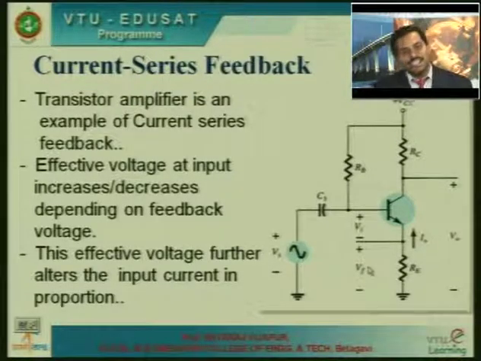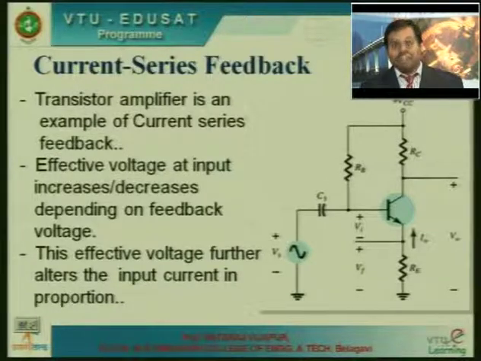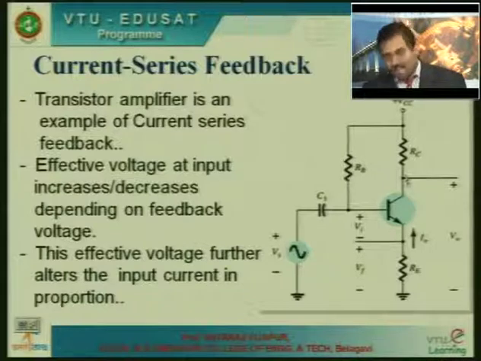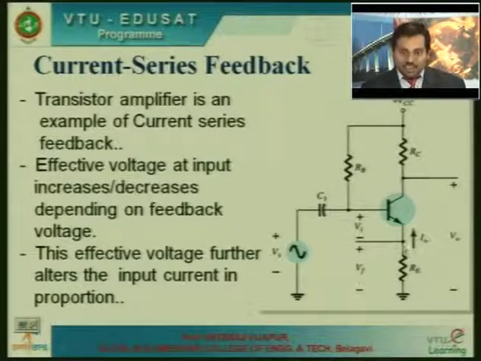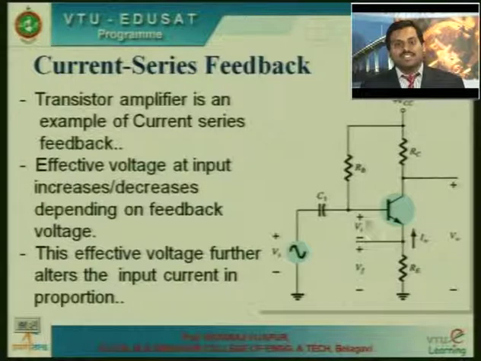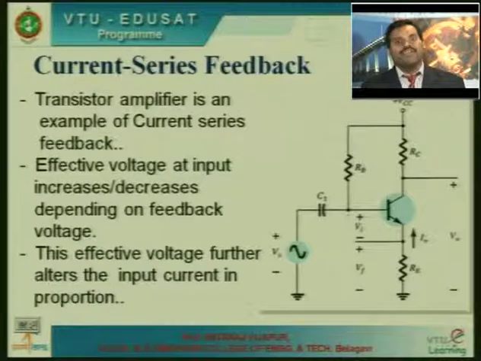How does the circuitry work? Very simple. If due to some parameter variation the output current increases, which is IC here and IE here, then voltage Vf increases. If voltage Vf increases, the effective input voltage, which is VB minus VE, decreases, which decreases the input current IB.